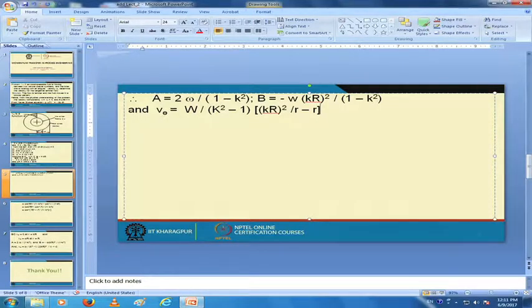So, we have corrected it also. As we requested you in the previous class, the previous problem was done on the paper, but the corresponding slides were not properly corrected, and we requested you to go into that slide and get it corrected.